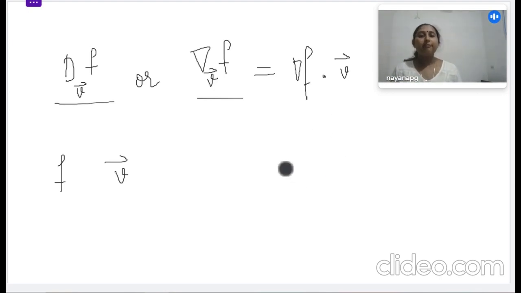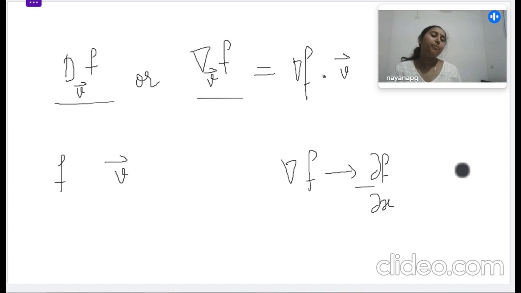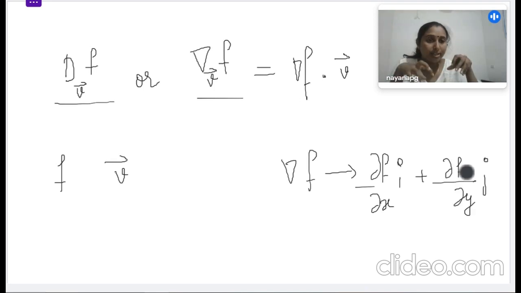Gradient of f is actually the differential of f, the partial derivative of f with respect to x and the partial derivative of f with respect to y. It's a vector. So we consider the gradient vector of f, or the derivative of f, and we need that derivative in the direction of v, so we dot product it with the direction of v.